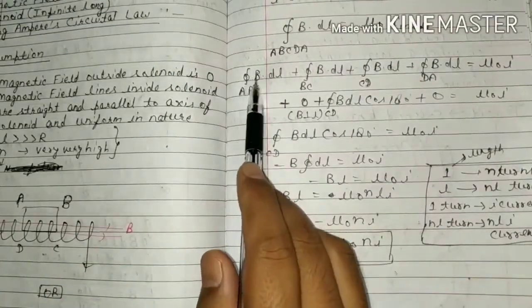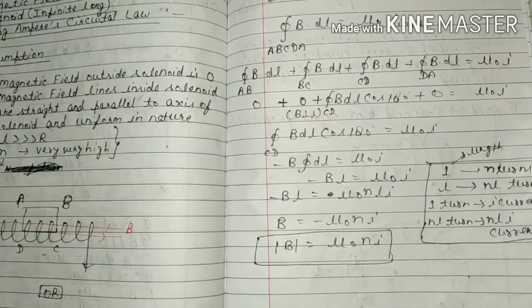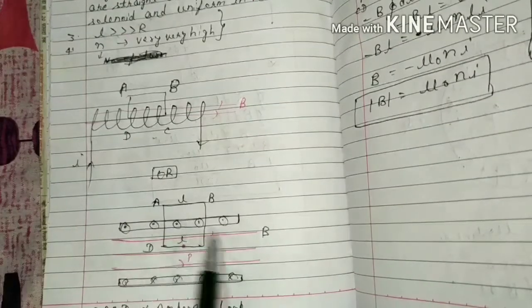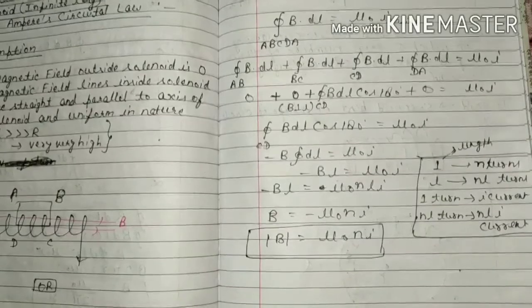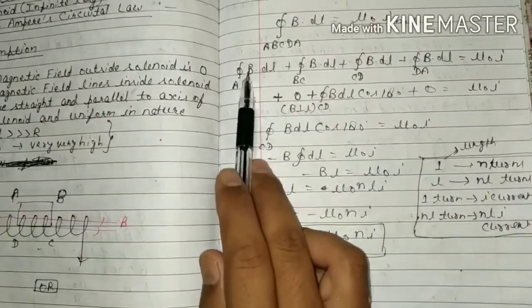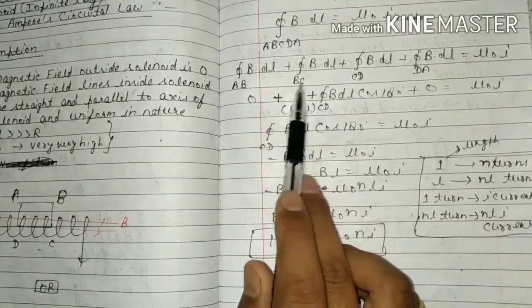Line integration of B dot dl in AB. Now we see AB. AB is outside the solenoid, and outside the solenoid the magnetic field B is 0. So the value of B dot dl in AB is 0 because B is 0. Plus line integration of B dot dl in BC.